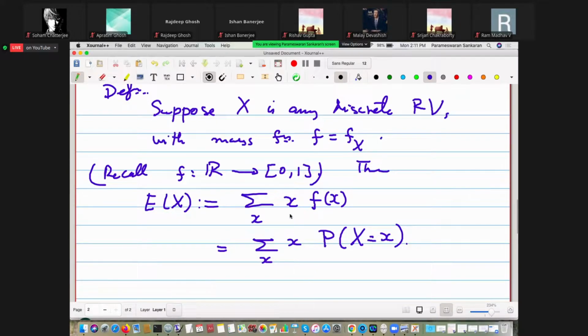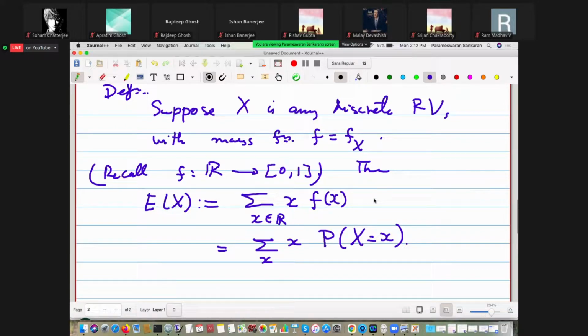So here x ranges over all possible real numbers. But notice that only countably many values here are going to occur. And what are those countably many? Because X takes only discrete values, this f_X is 0 except for countably many values x_i.